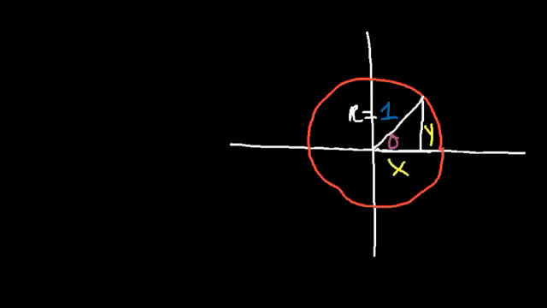Let's call this theta. So according to SOHCAHTOA, sine theta is opposite divided by the hypotenuse. The opposite side is y, the hypotenuse is 1, or r. So sine theta is y over r. But in a unit circle where r is 1, sine theta is basically the y value.